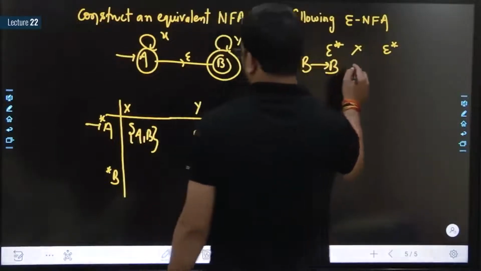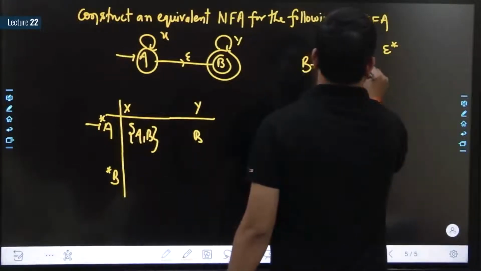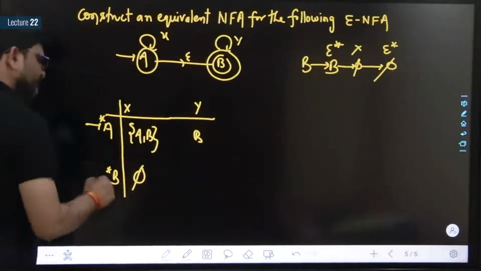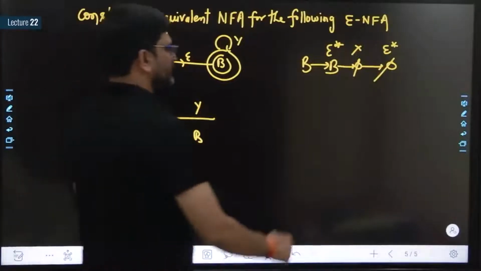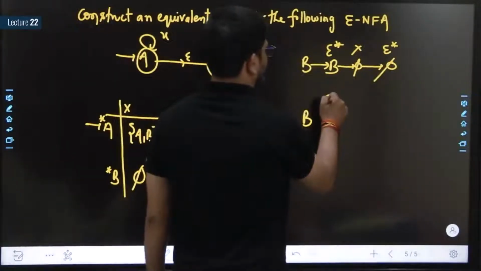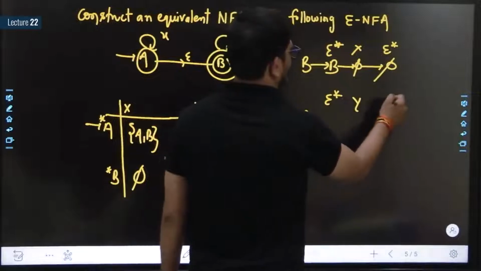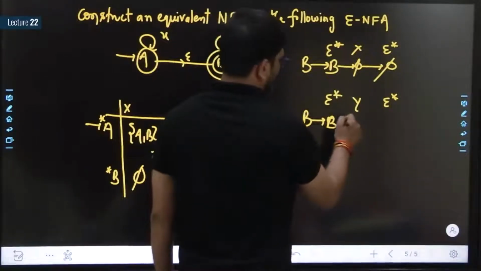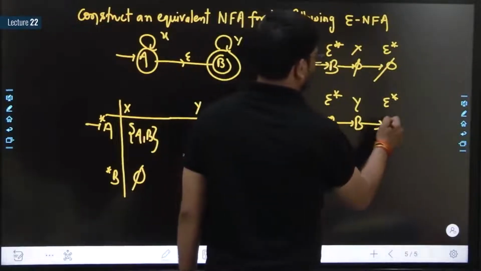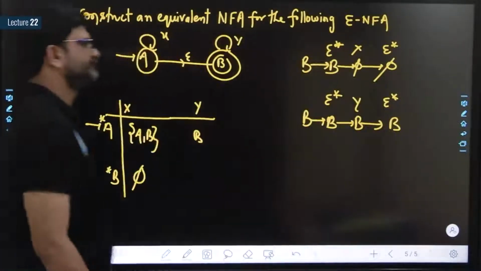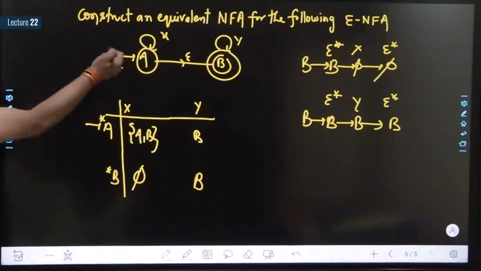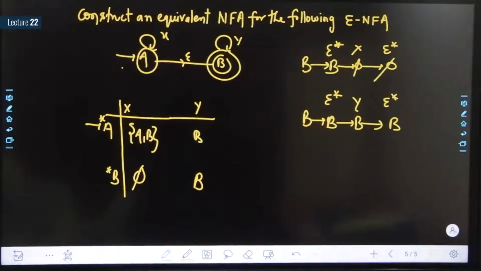Only B. B on X, phi. Epsilon closure of phi, phi. B on X, phi. B, epsilon closure, Y, epsilon closure. What is the epsilon closure of B? B itself. B on Y, B. Epsilon closure of B, B. This is the NFA equivalent to this epsilon NFA. Clear?